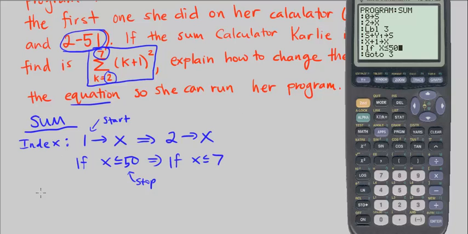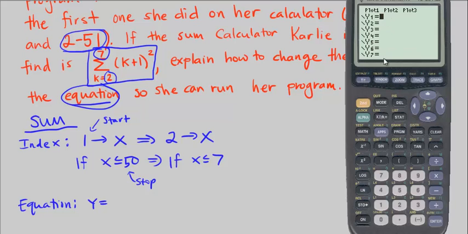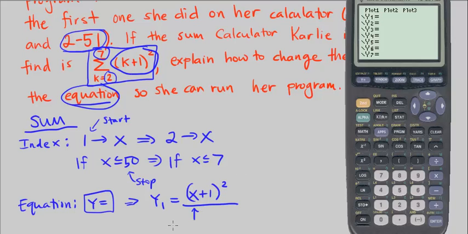And if you want to change the equation, you go to y equals in the top left corner, and write y1 is equal to, and instead of (k plus 1) squared, we have to use (x plus 1) squared. That's just because our calculator uses the variable x, so the variable has to be x.